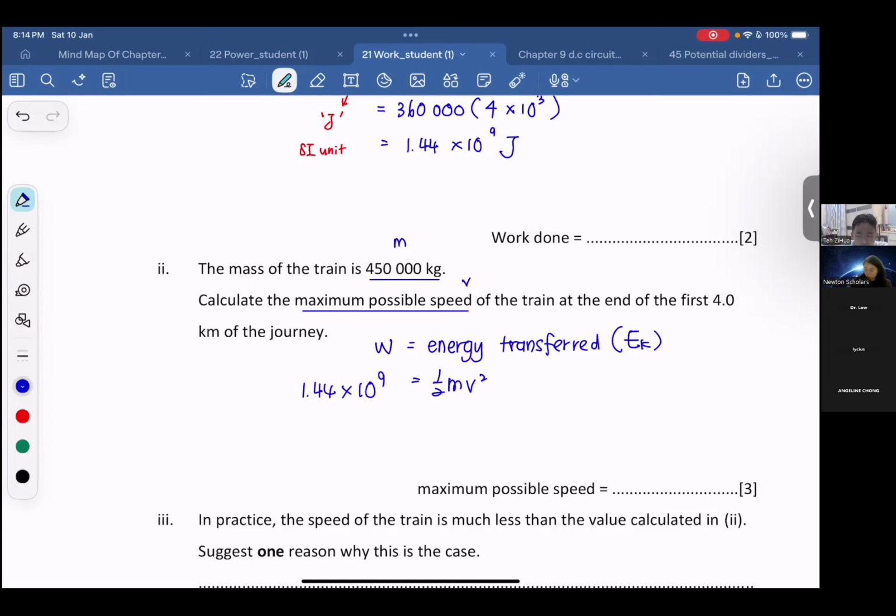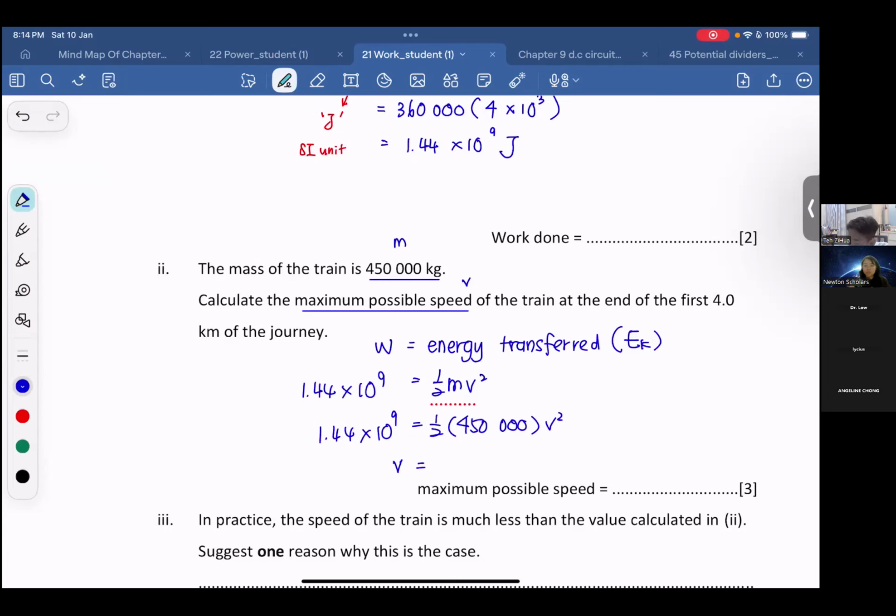Then I know that this object, the train, is moving, so it's kinetic energy. So here, 1 over 2, 450,000 V squared equals 1.44 times 10 power of 9, the work done. When you find the V, please remember to square root it because it is 1 over 2 mv squared.